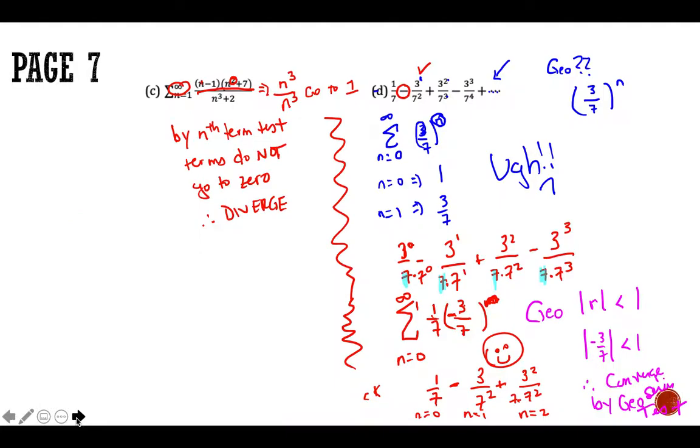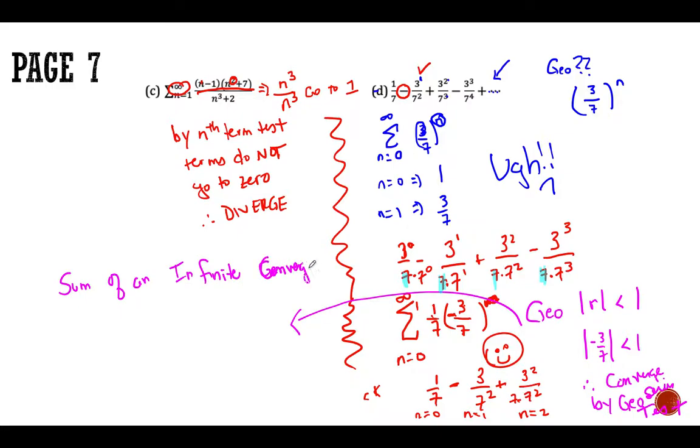So, since we have a convergent geometric series, the sum of an infinite converging geometric series is S for infinite sum: the first term divided by 1 minus the common ratio.